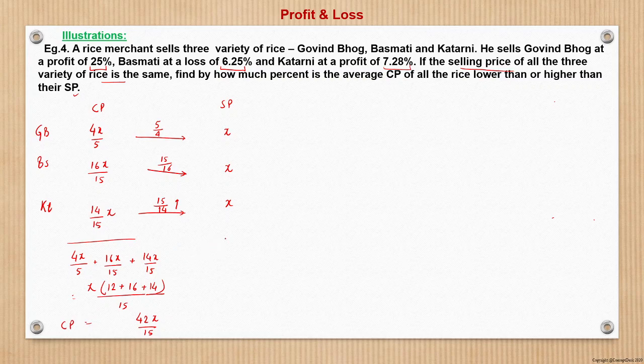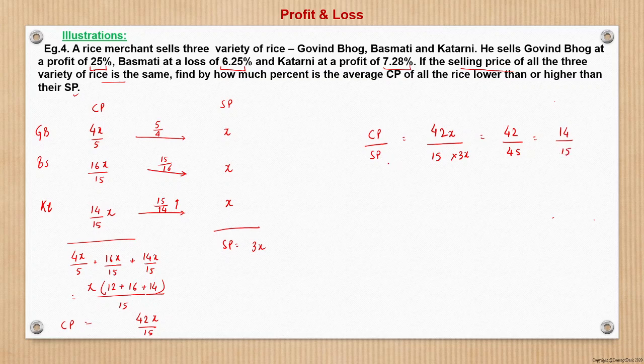This is CP, whereas SP is x plus x plus x, which is 3x. So I have to find how much percent the average CP of all the rice is lower or higher than their SP. So the CP by SP ratio is 42x by 15 upon 3x. This I can write as 42 by 45, which is nothing but 14 by 15.